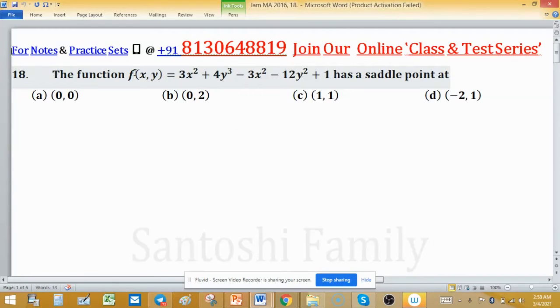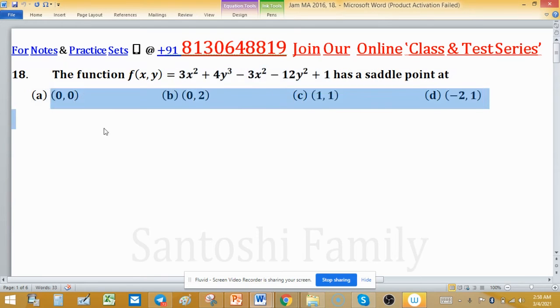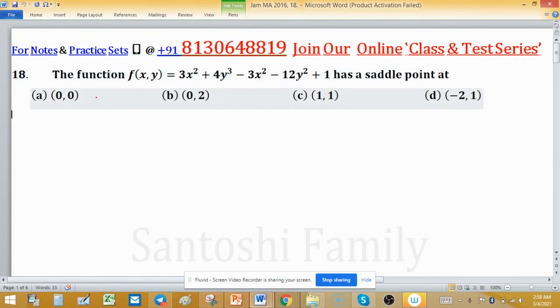The function of two variables x and y is defined by this, and it has a saddle point at one of these. We need to find at which point this function is showing a saddle point.